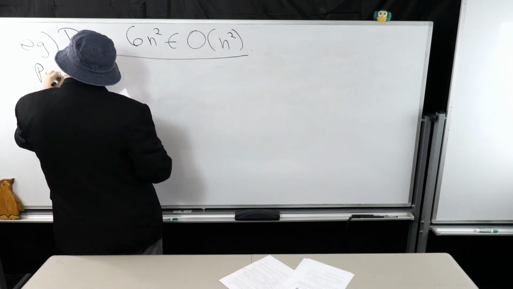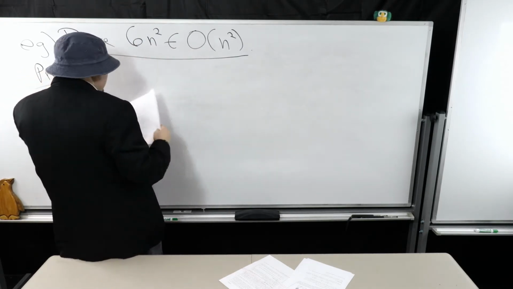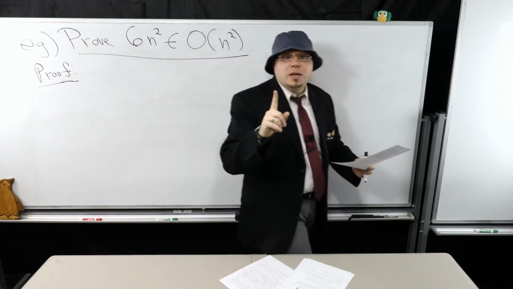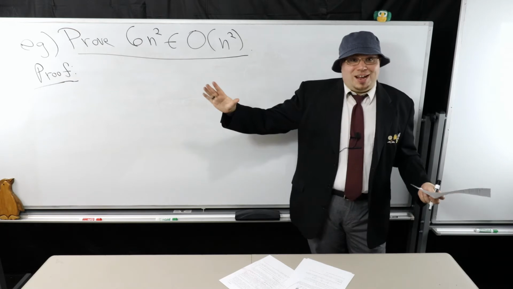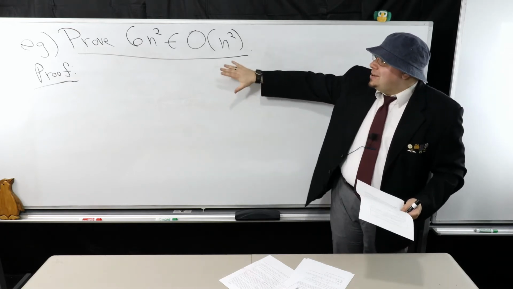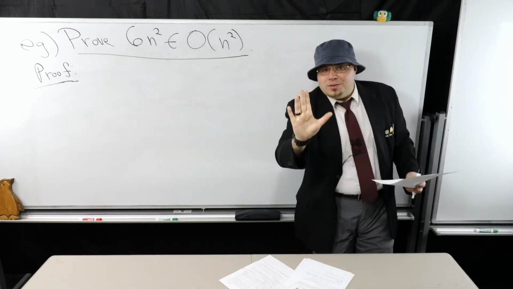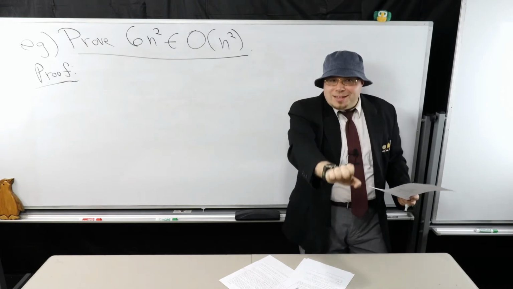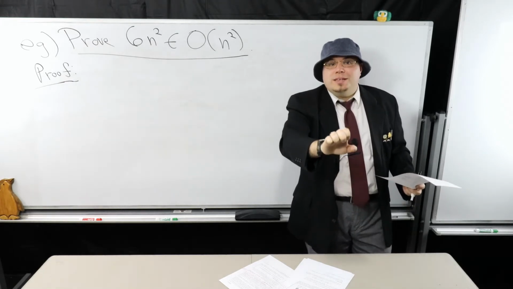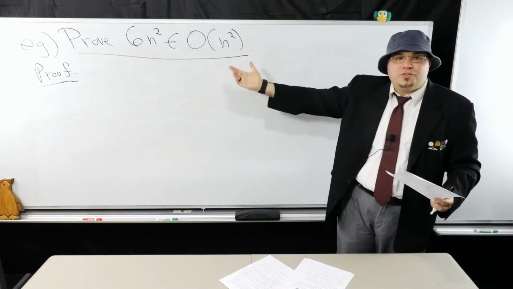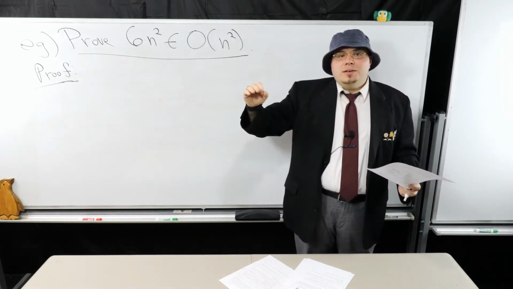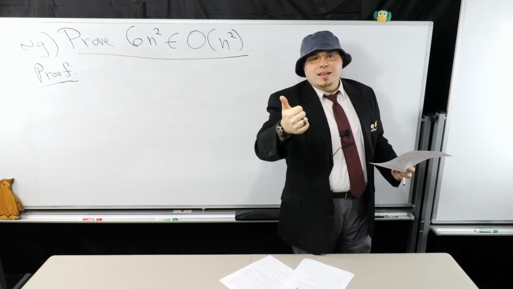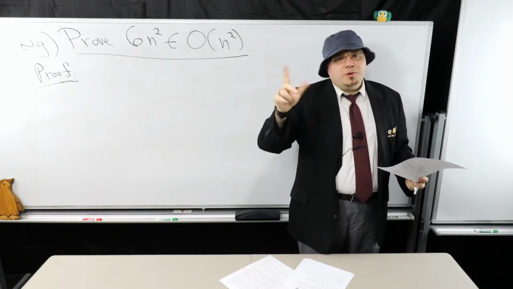So I'm going to write out a proof proving this claim. And I'm going to use the definition of big O directly. This is the big part of the exercise. So remember, the game plan is as follows. I'm going to state what the definition of big O is within the context of what I'm trying to prove. Then I'm going to follow from that definition how I'm going to select C or N0, whichever I would prefer doing.